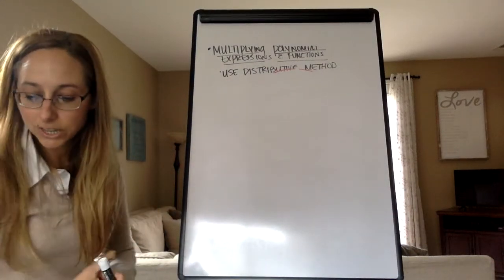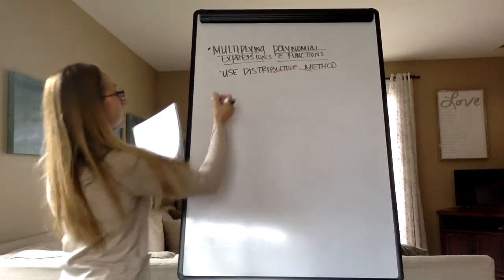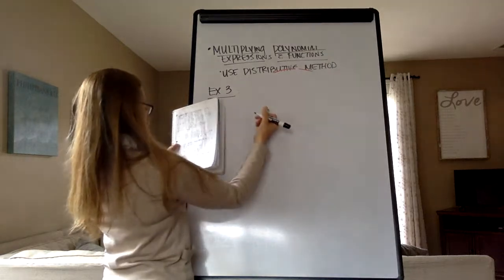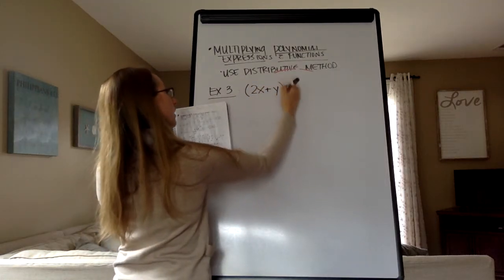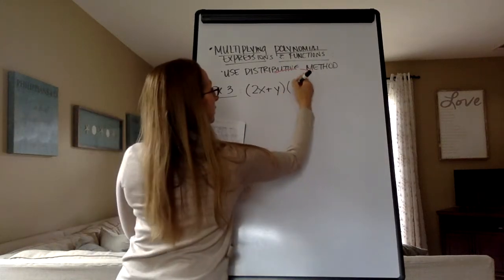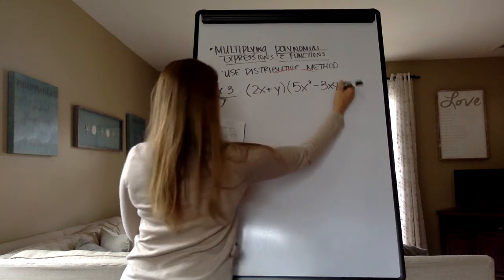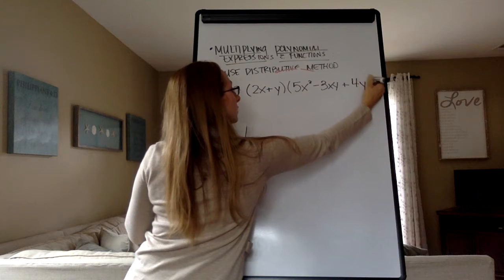Okay, so let's go ahead and take a look at this next example. We have 2x plus y times 5x squared minus 3xy plus 4y squared.